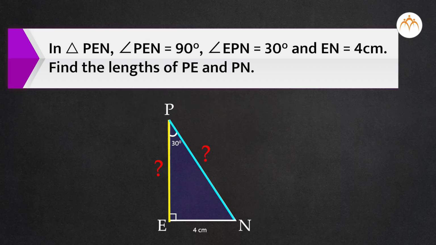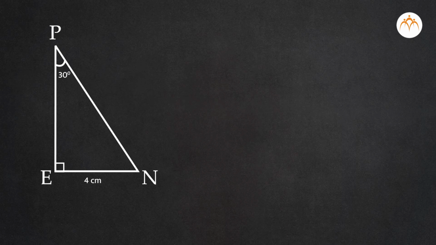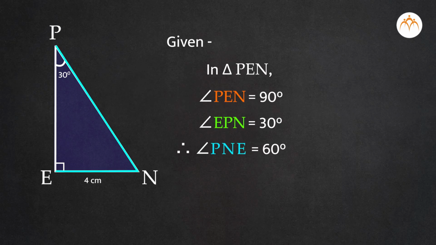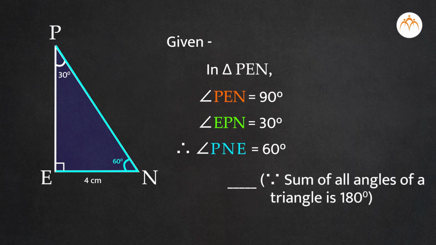Let's see the solution. Given in triangle PEN, angle PEN is equal to 90 degree, angle EPN is equal to 30 degree. Therefore, angle PNE is equal to 60 degree, because sum of all angles of a triangle is 180 degree.